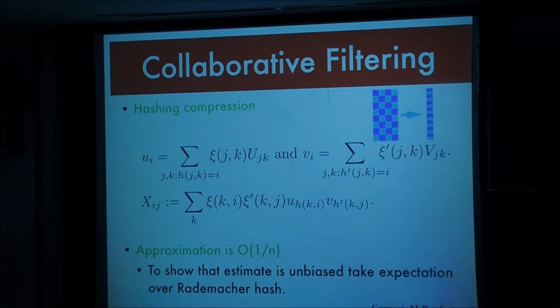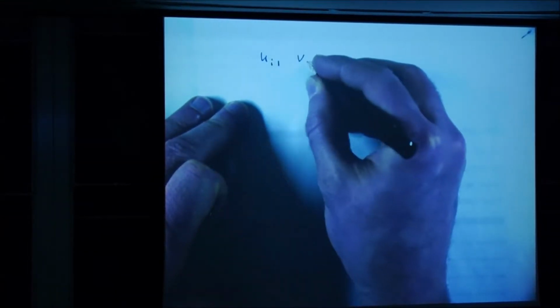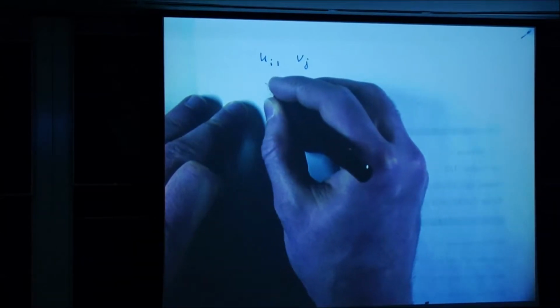So, who has seen collaborative filtering before? Okay, good, great. Here's what you usually do, right? You have some user vector U, and you have some movie vector V. And you have some recommendation R_ij, which is going to be similar to maybe U_i transposed V_j.